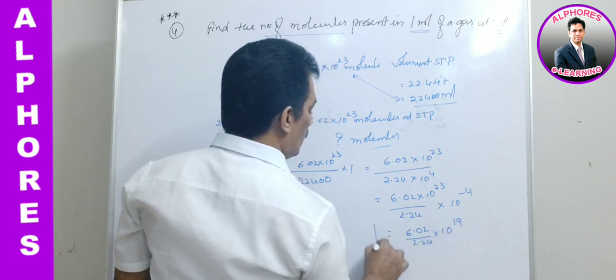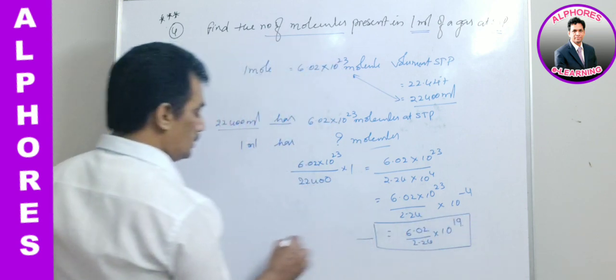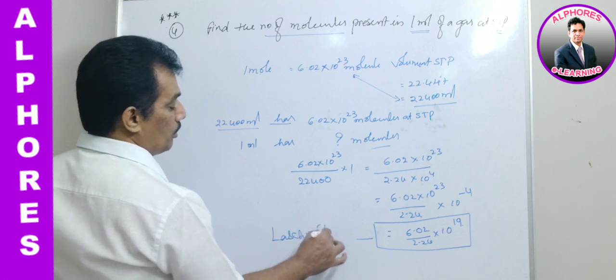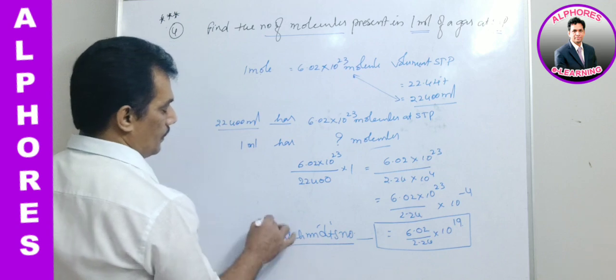You measure the remaining part. This number is known as Loschmidt's number. You remember Loschmidt's number.